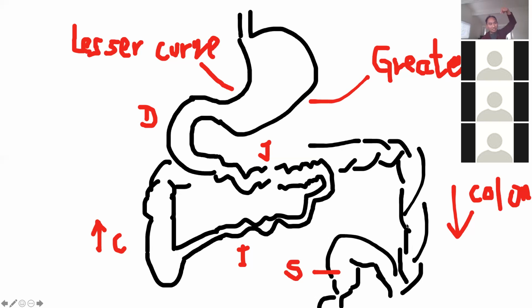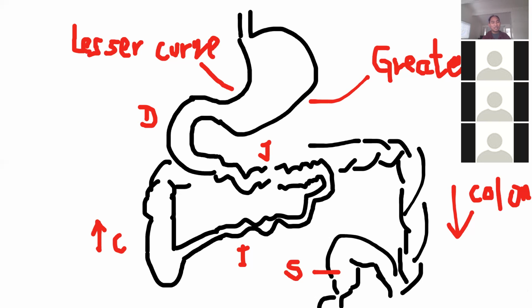Descending colon will become sigmoid shape, and therefore we call that sigmoid colon, and finally that will become rectum and anal canal. So that is our arrangement of the intestine in our body.